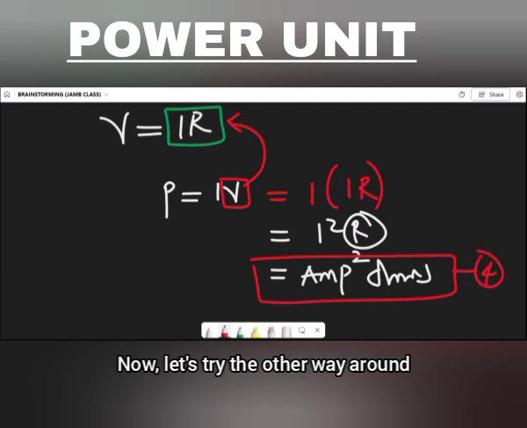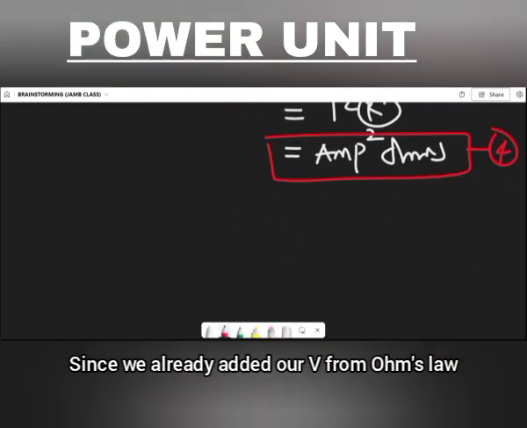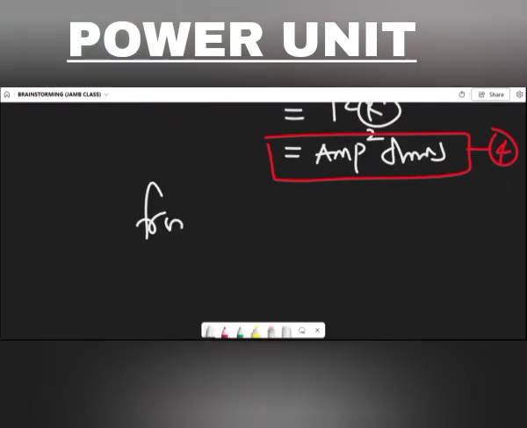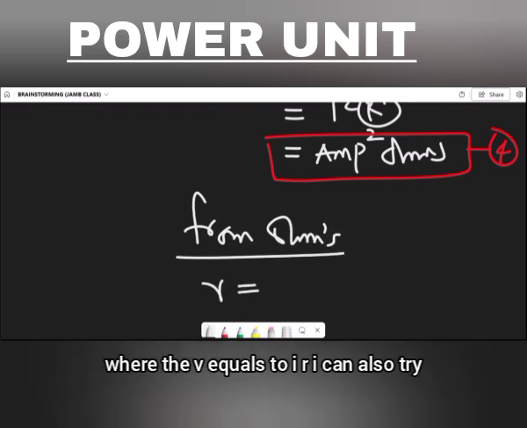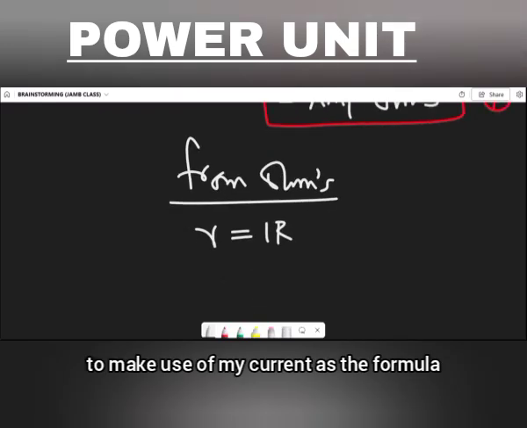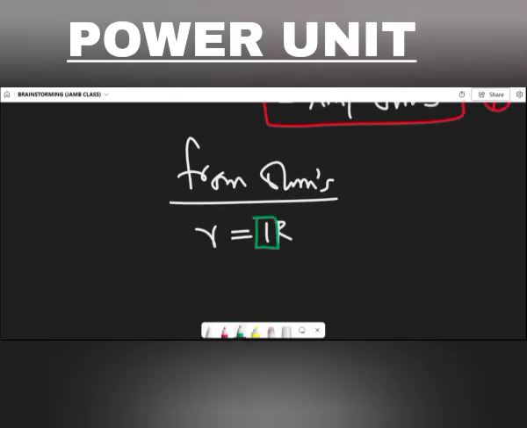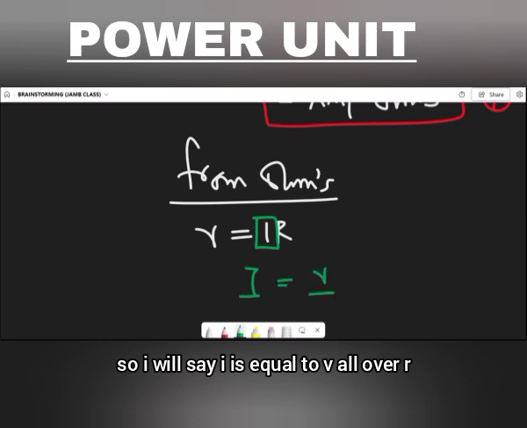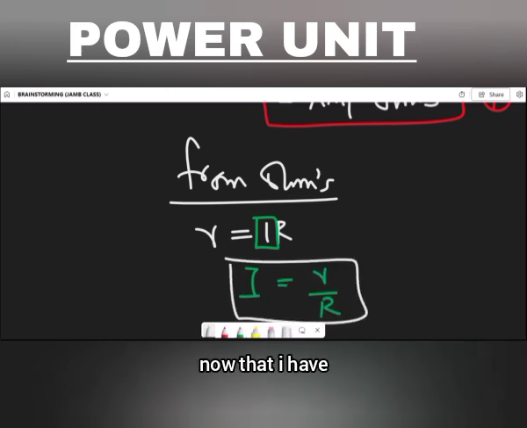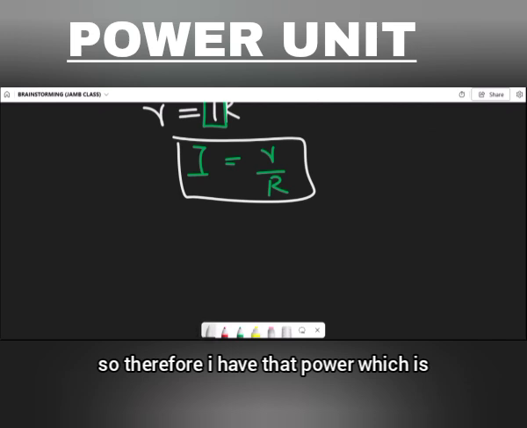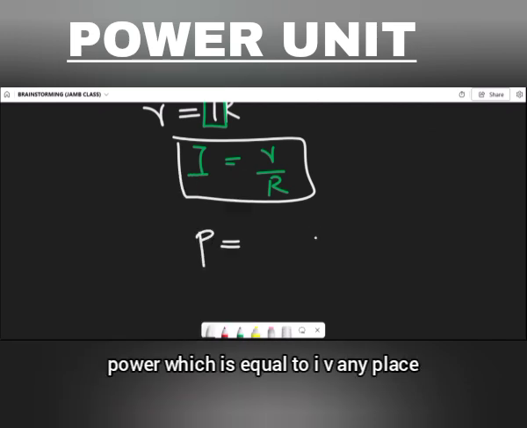Now let's try the other way around. From Ohm's law, where V equals IR, I can also make use of my current as the subject of the formula. So I will say I is equal to V all over R. Now that my current is equal to V over R, I have the power, which is equal to IV.